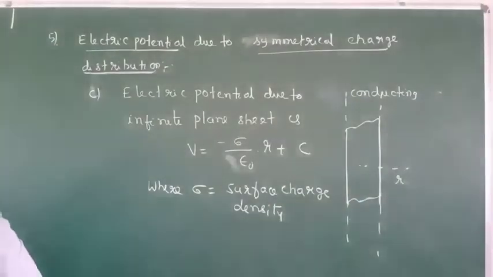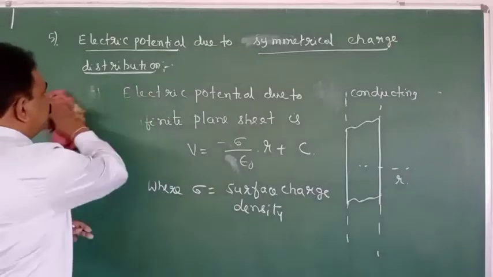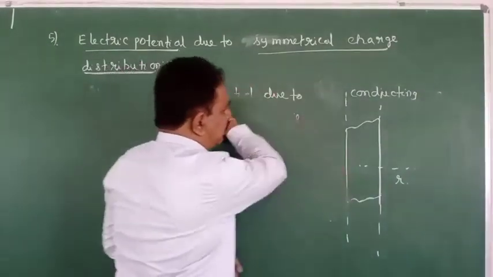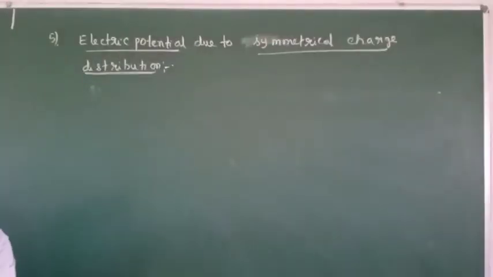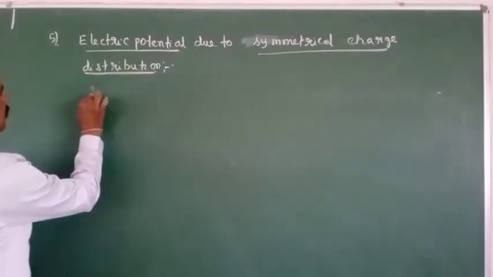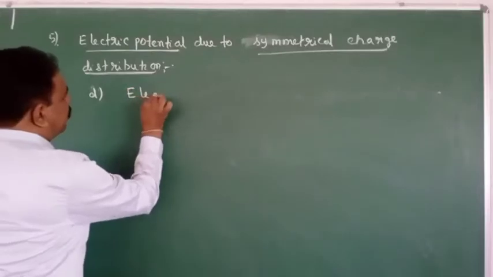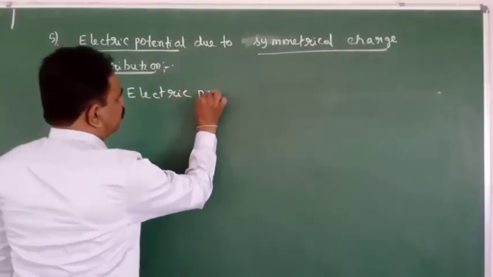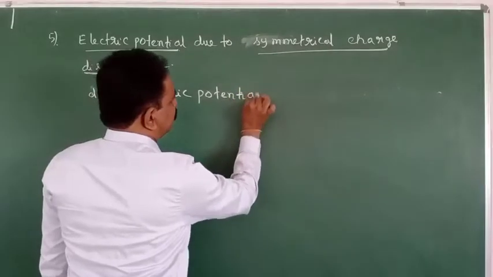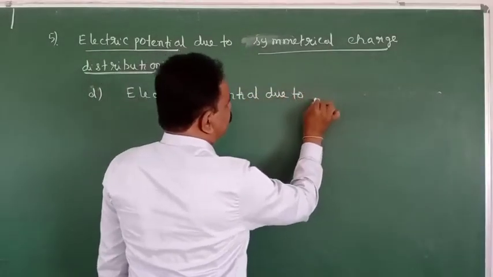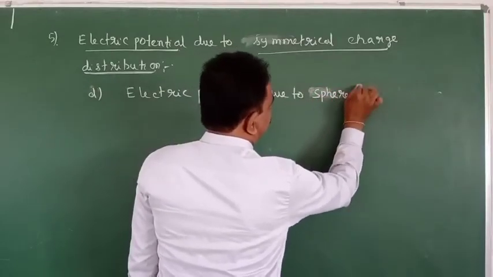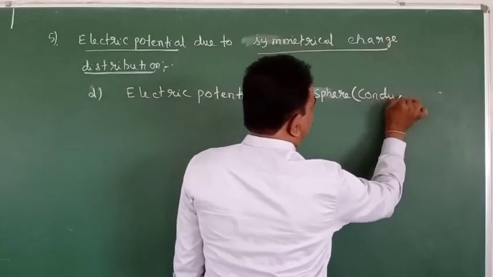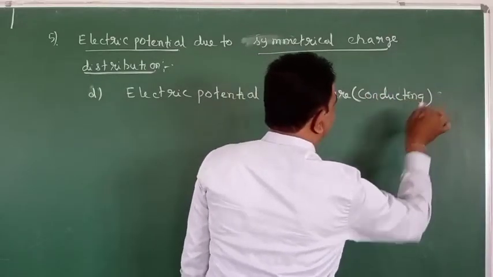Next, if we consider a sphere, conducting sphere and non-conducting sphere. Electric potential due to a sphere, conducting.